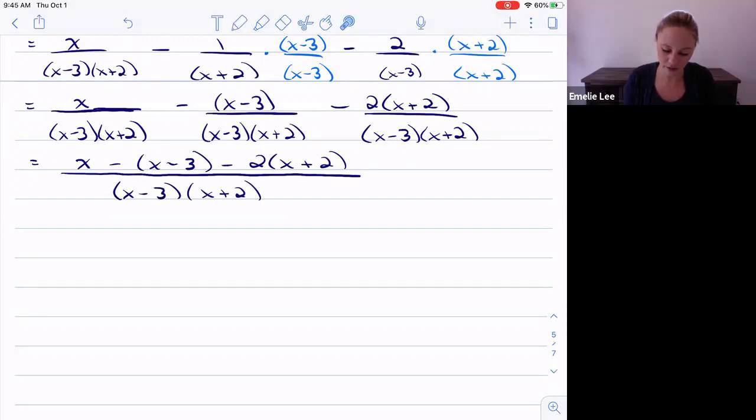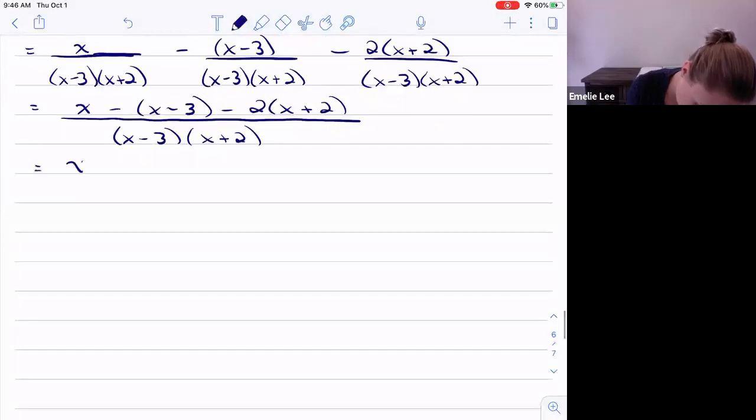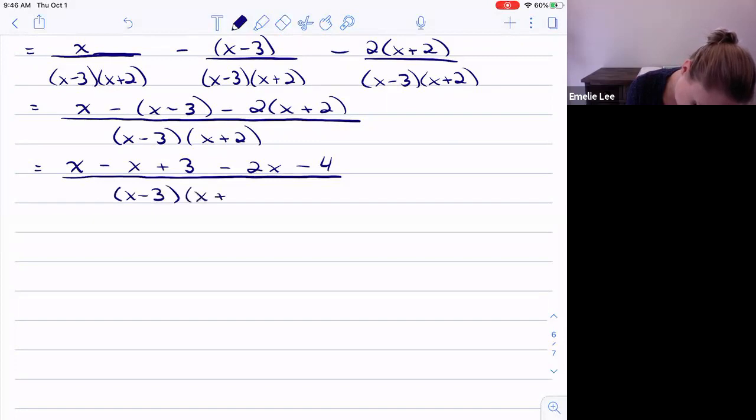What I'm going to do is carefully simplify the numerator, right? Expand this negative into the x minus 3 and expand this negative 2 into x plus 2 and just see where we get to. So we get x minus x plus 3 minus 2x minus 4 over (x minus 3)(x plus 2).